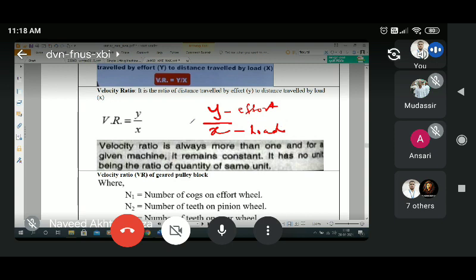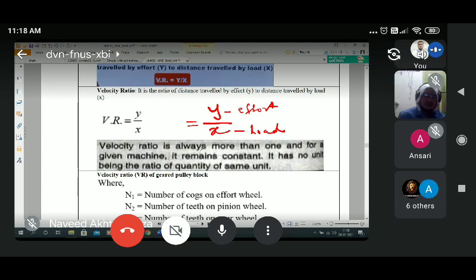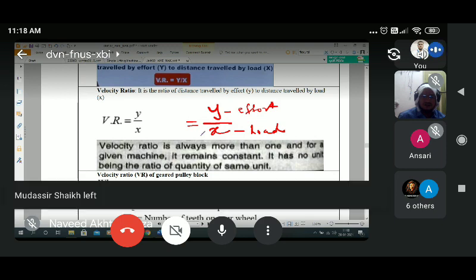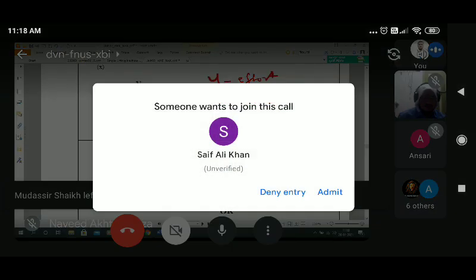The ratio of distance traveled by the effort to the distance traveled by the load is termed the velocity ratio. And the value of velocity ratio is always more than 1. It is characteristic and constant for the same machine.